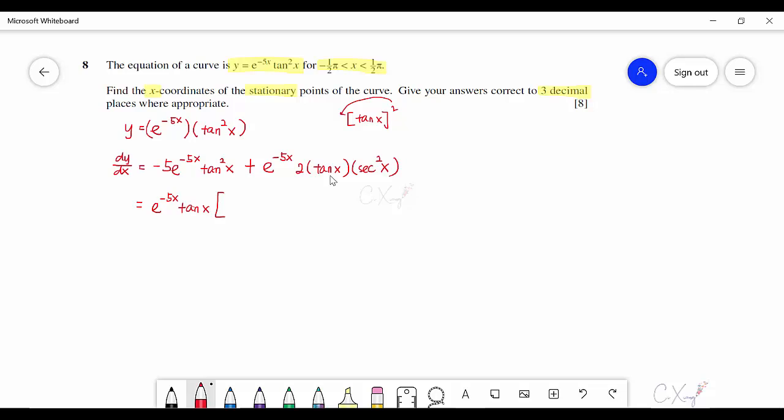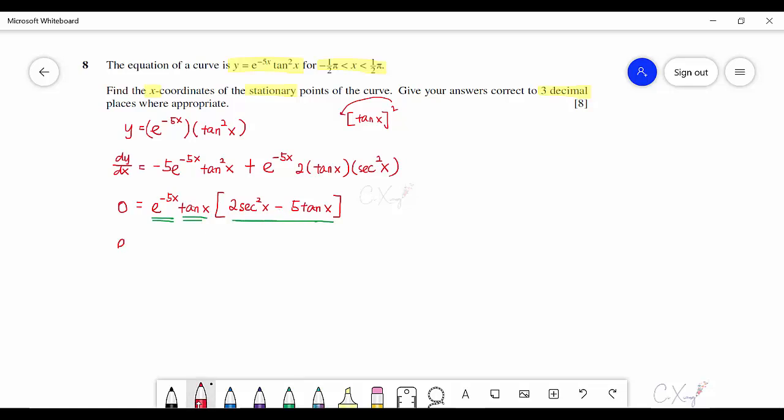What remains is 2sec²x minus 5tan x. I let dy/dx equal 0 to find the stationary points of the curve. So you have 3 parts of the function: this is the first part, this is the second part, and this is the third one.